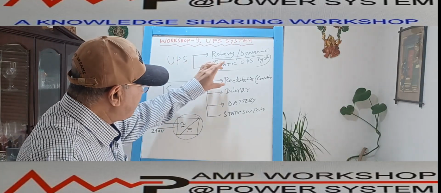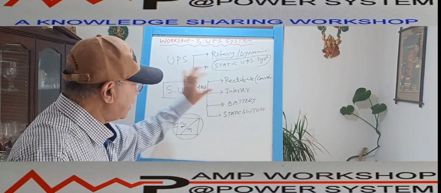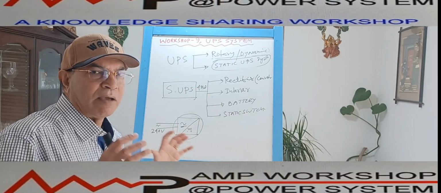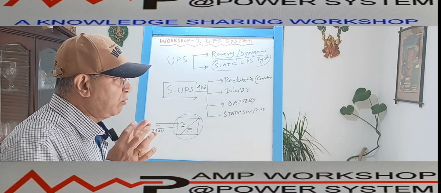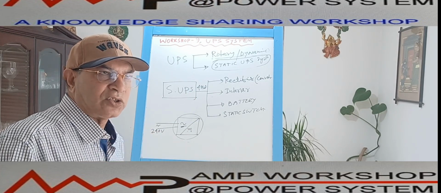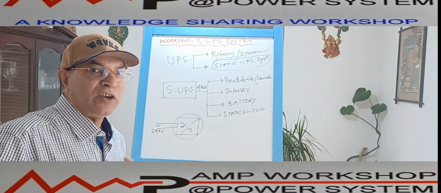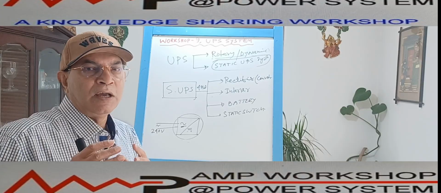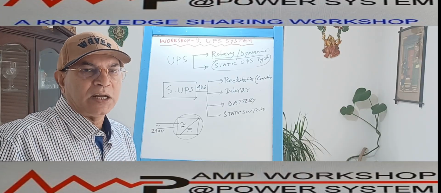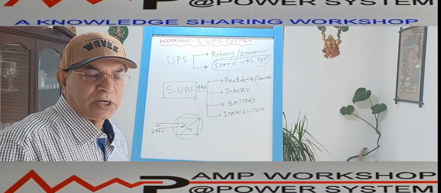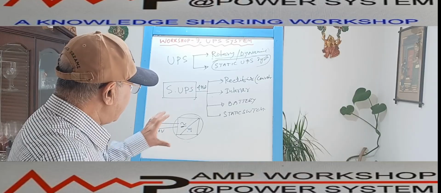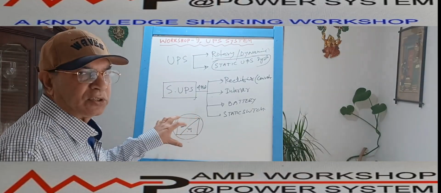That means I have the rectifier, inverter, battery and static switch in hand; how will I design the system? Based on that, how can we configure the system to ensure uninterrupted power supply to various industrial as well as domestic applications? Then we'll address the sizing, which will be covered in the last part of this workshop.